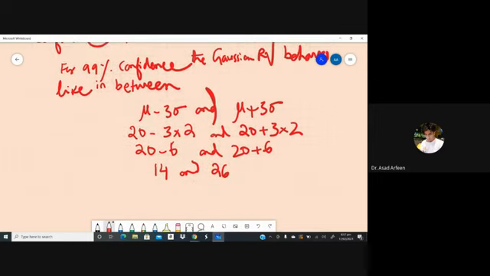So how should we state our answer? We expect a minimum of 14 and a maximum of 26 packets, that is if we were to measure packet arrival over a long period of time. So this is our expectation.